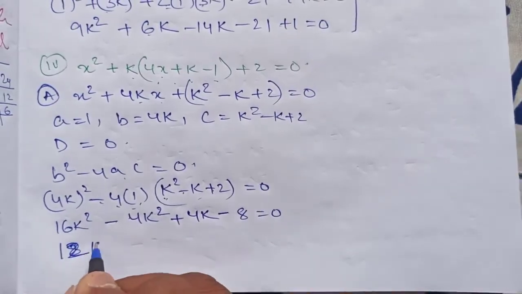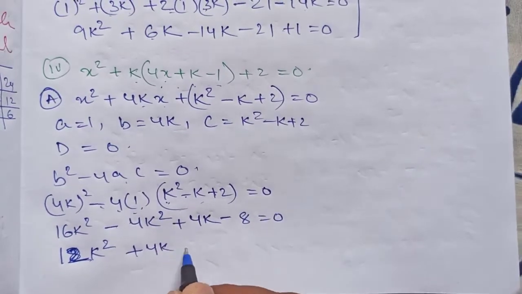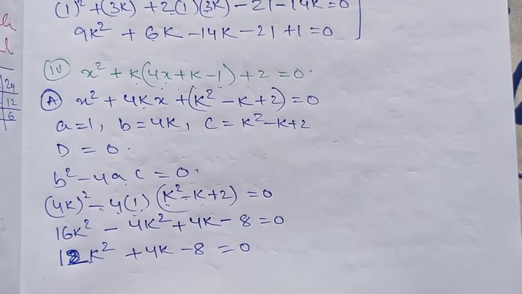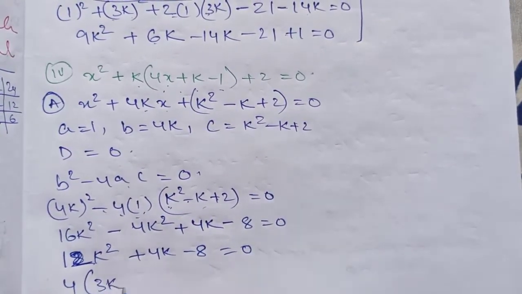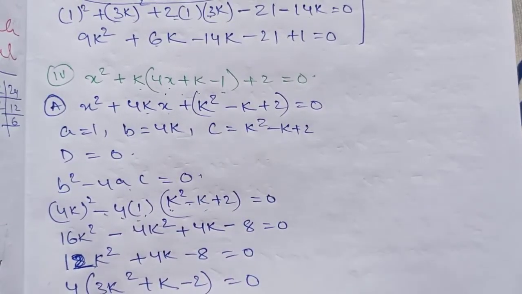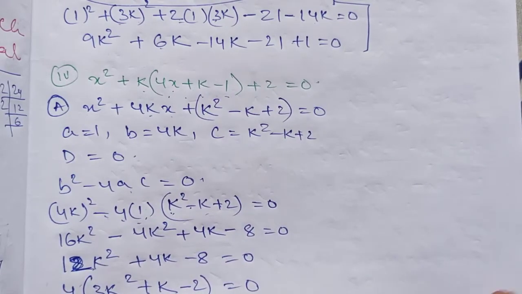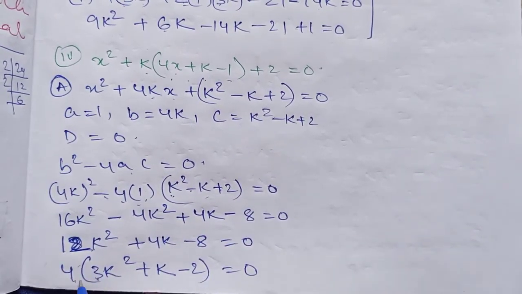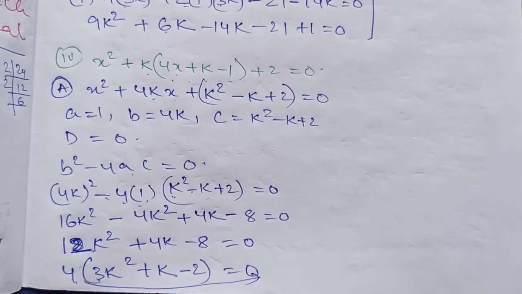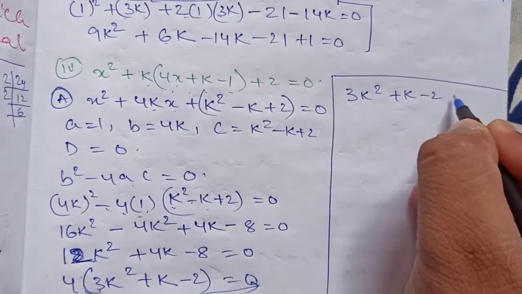Subtract these two, 12k square plus 4k minus 8 equals to 0. Take out 4 common, 3k square plus k minus 2 equals to 0. 4 3s are 12, 4 1s are 4, 4 2s are 8. Okay, divide 4 here, it will become 0. So your equation will be 3k square plus k minus 2 equals to 0.